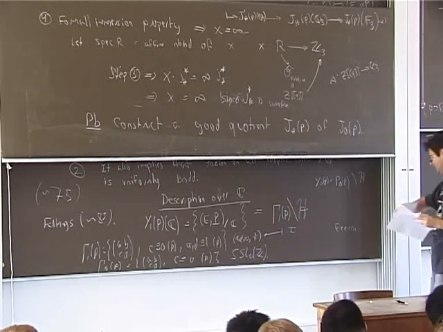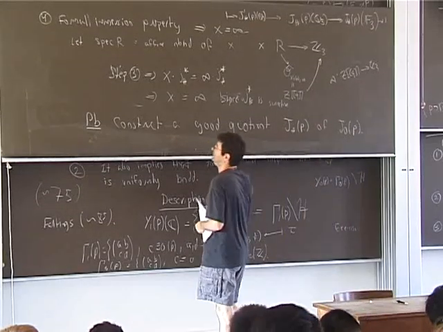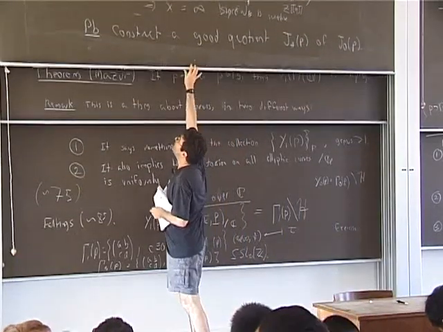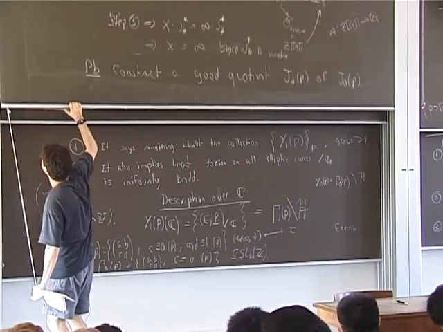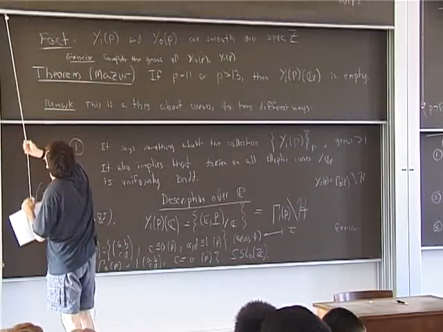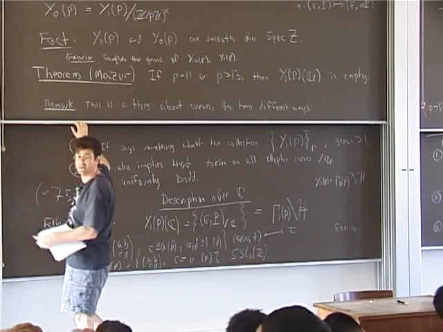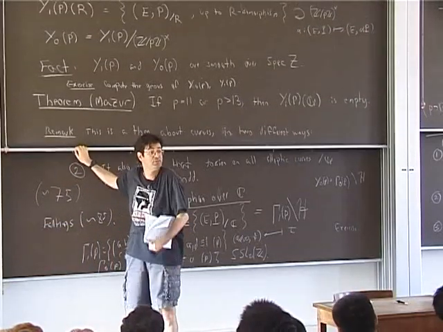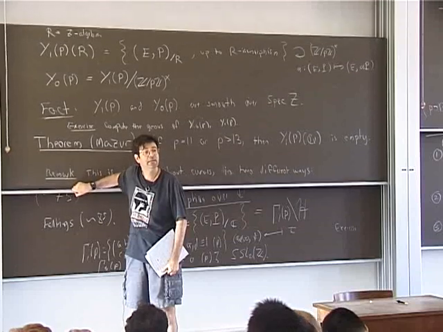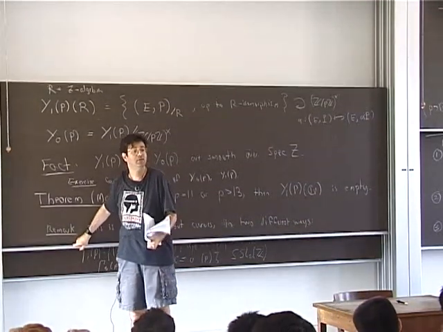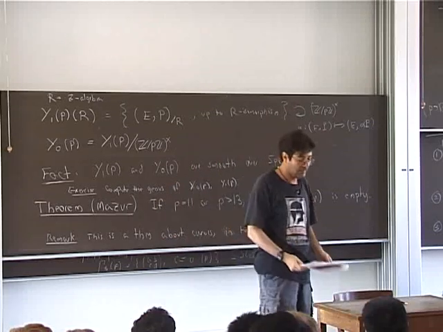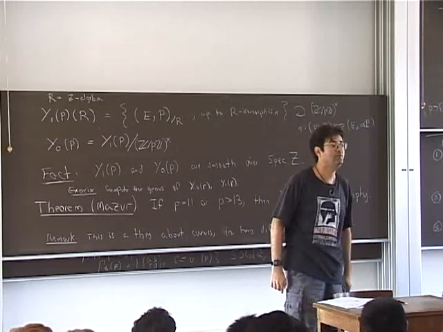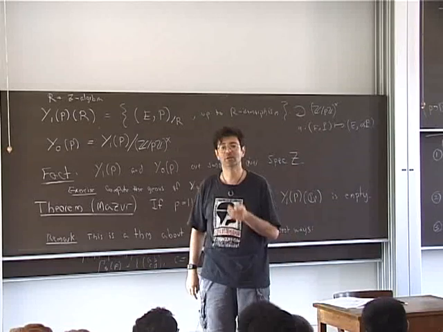So that kind of brings me to the next part of my talk, which is the study of the Jacobian. What we're using here is a very natural strategy for studying rational points on a curve, which is to embed the curve in its Jacobian, and then hope that the Jacobian has finite Mordell-Weil group, or at least has a quotient with finite Mordell-Weil group, and then obviously that's going to give you some tight control on the set of rational points.